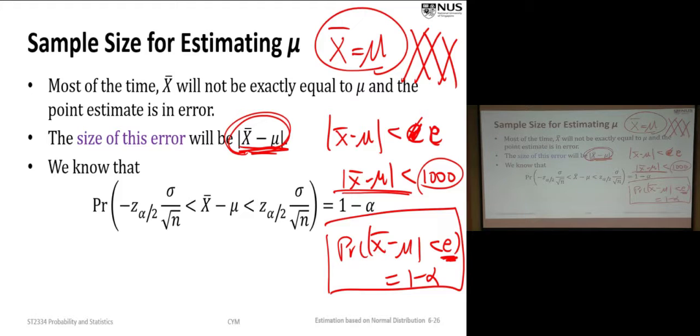What are these two things? The first one is how much error you can accept. That is called the margin of error. That quantity E is the margin or the size of the error. So we accept the difference within a certain limit, E in this case.